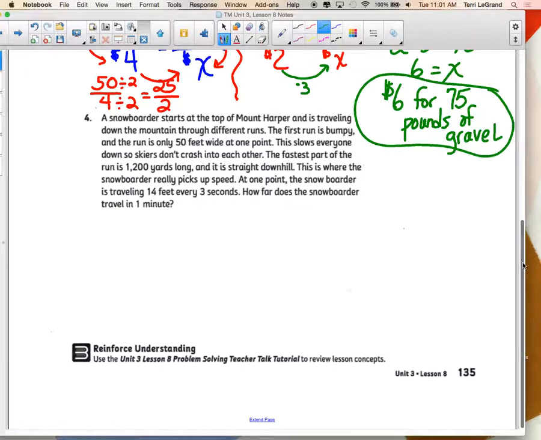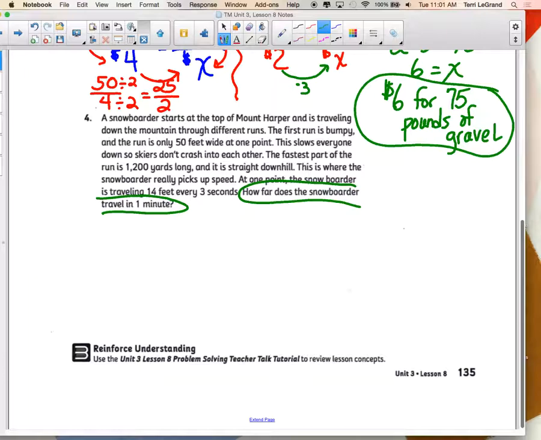I'm avoiding that one. This is where the snowboarder really picks up speed. At one point, the snowboarder is traveling 14 feet every 3 seconds. How far does the snowboarder travel in 1 minute?